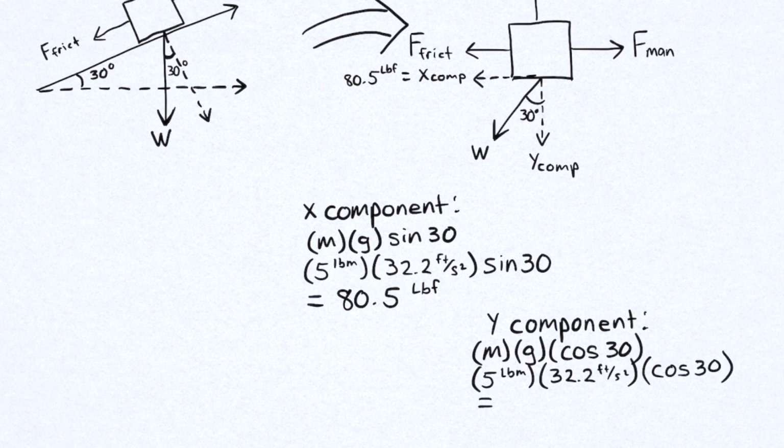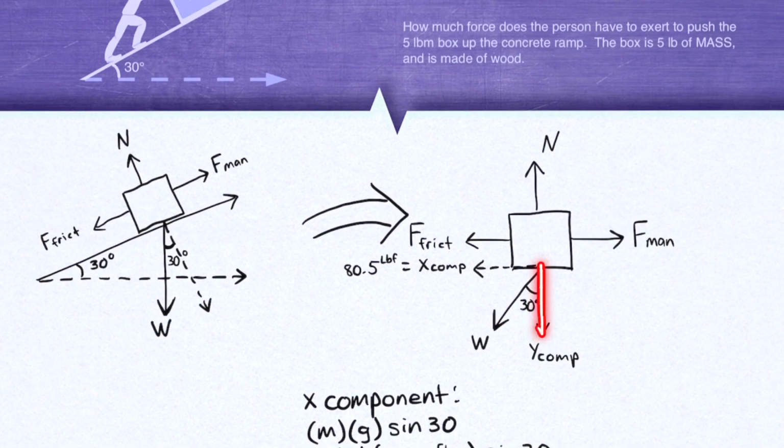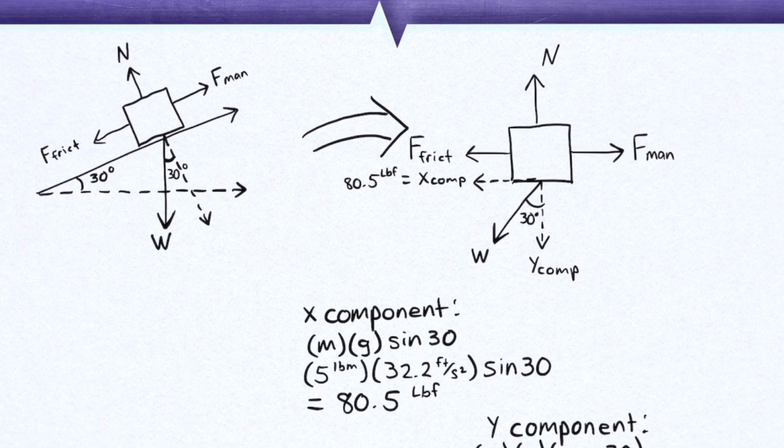And that turns out to be 139.43 pounds of force. That is 139.43 pounds of force in the y direction. So this guy right here, this y component, is 139.43. So I'm going to label that here.